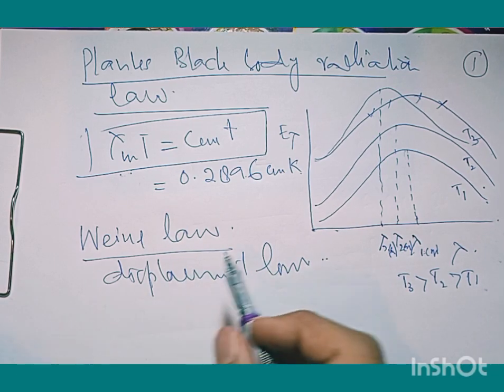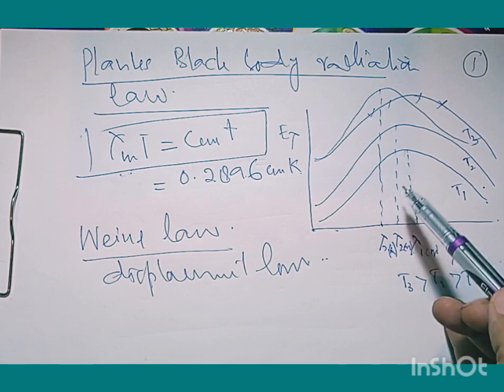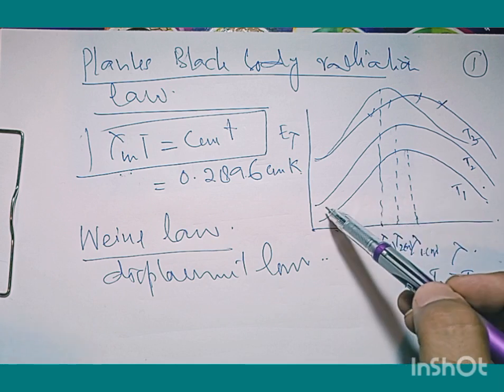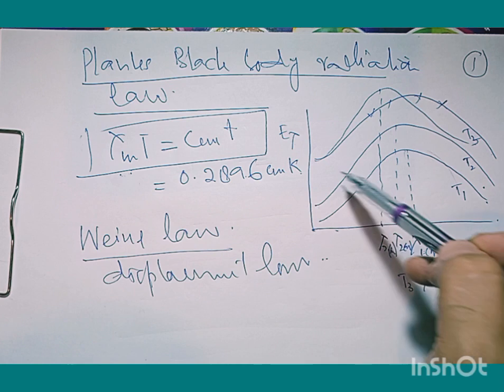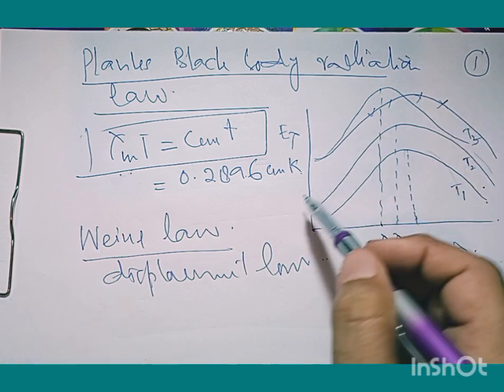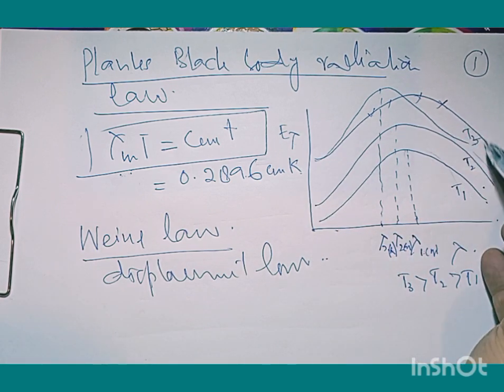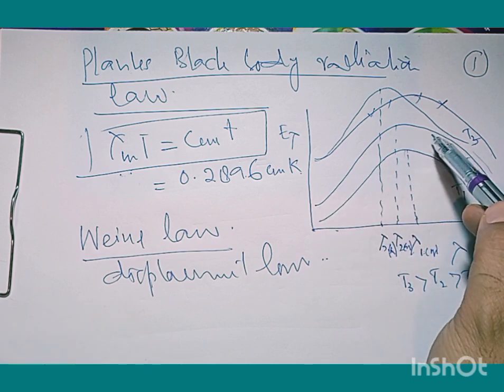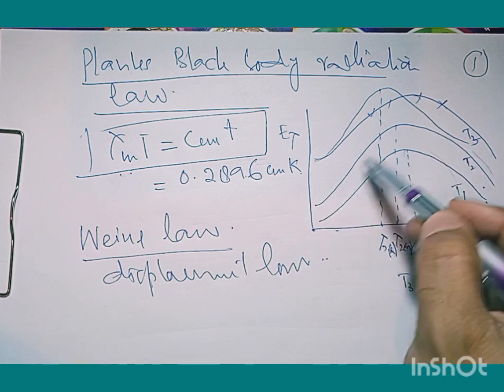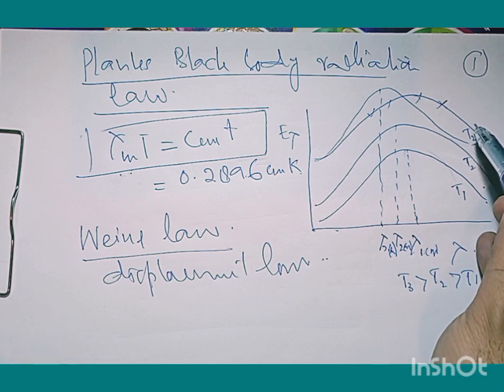Now, an increase in the temperature causes an increase in the emission of energy. We can see that T1 is less than T2, which is less than T3. The magnitude of energy being emitted is more when the temperature is more.